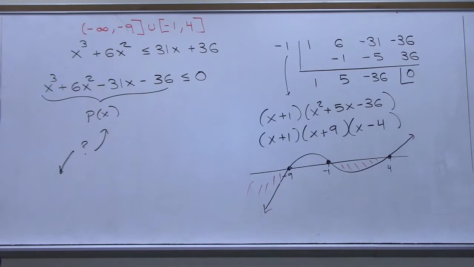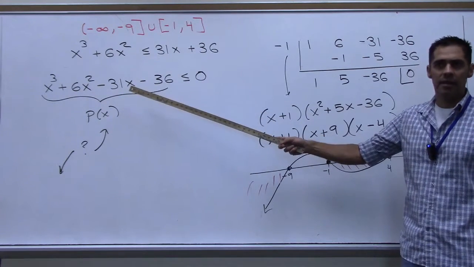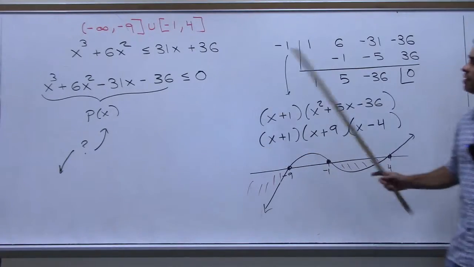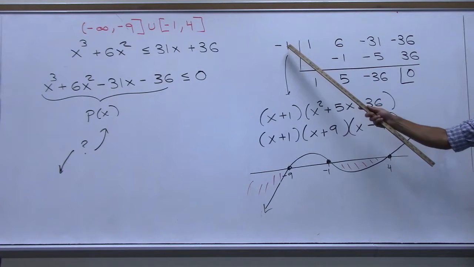I've got the solution here on the board. So you moved everything over to one side. You can't factor that unless you use your rational zero test. So you set up your synthetic division, and -1 works.